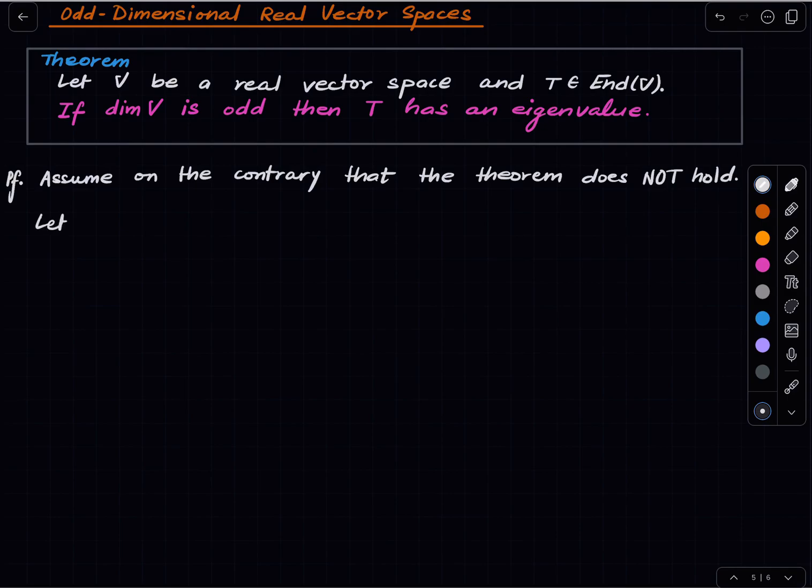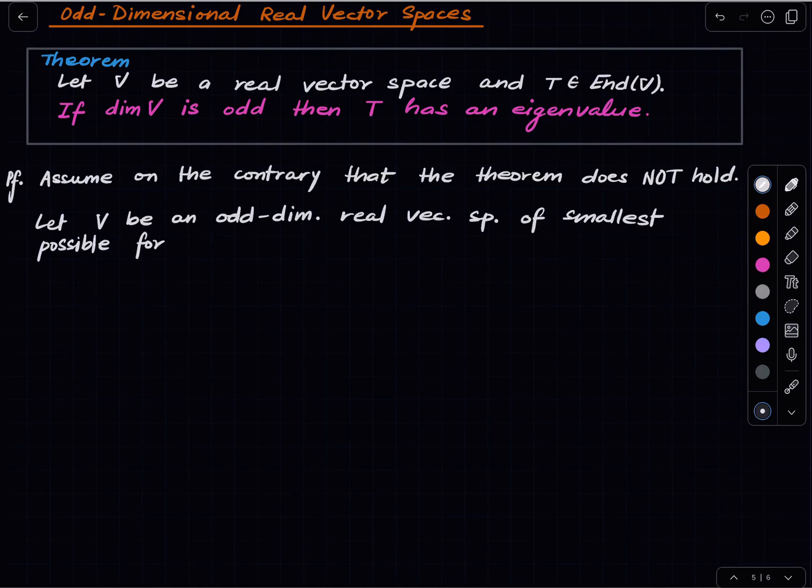So let V be an odd dimensional real vector space of smallest possible dimension for which there is an endomorphism T devoid of any eigenvalues.